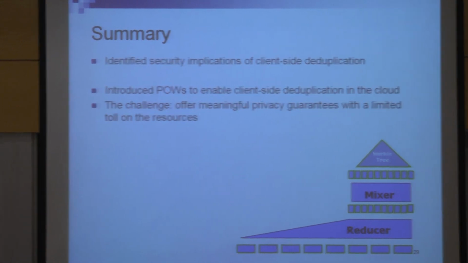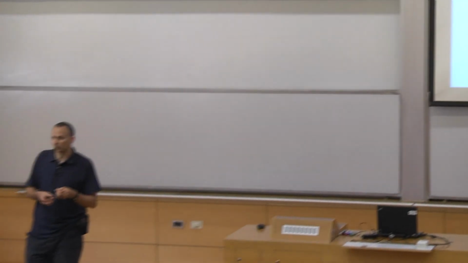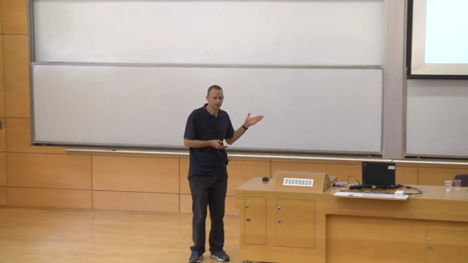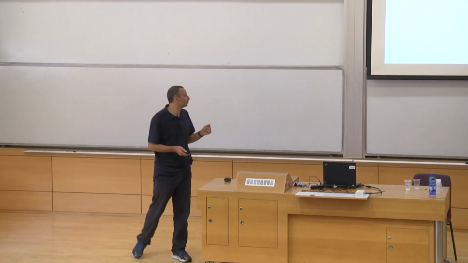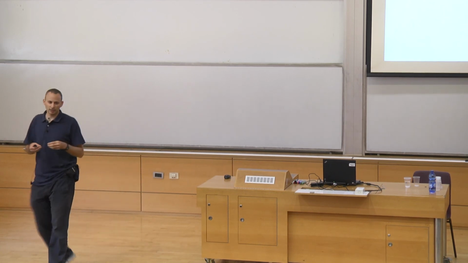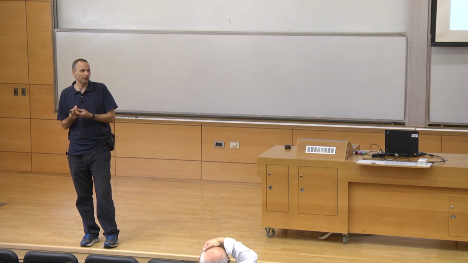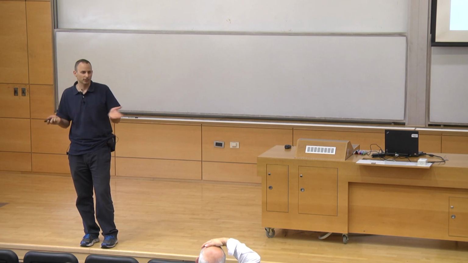We look at it as an enabler for the technology because for people who really care about security, you cannot do the client-side deduplication freely. And the challenge was, A, to make the proof meaningful in terms of security definition, but also to actually engineer it to run on a real system.